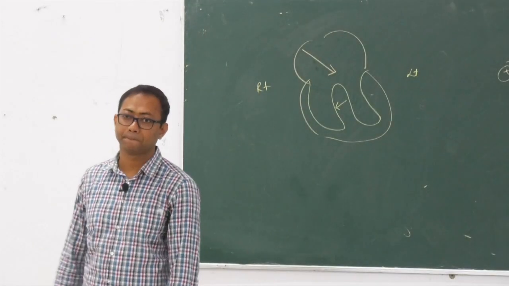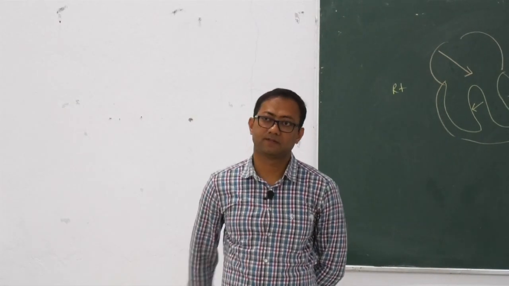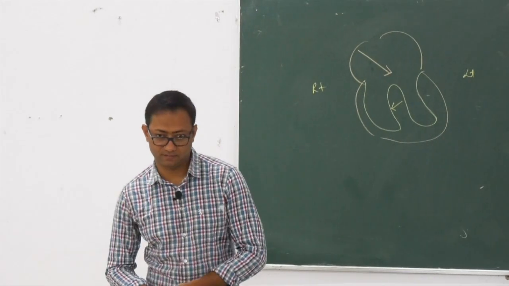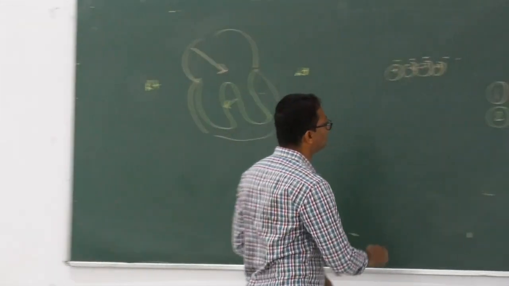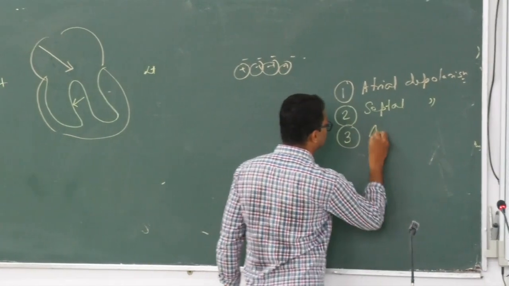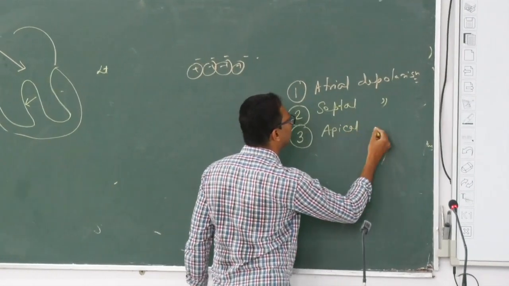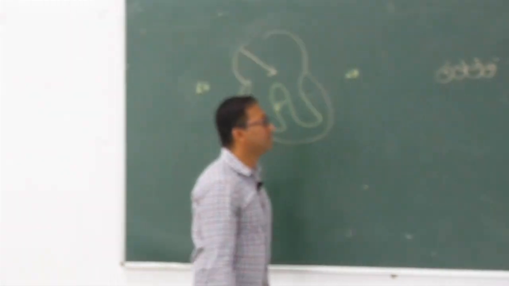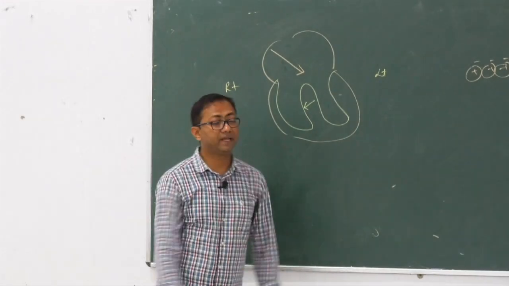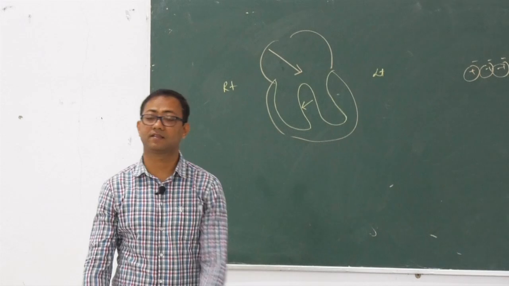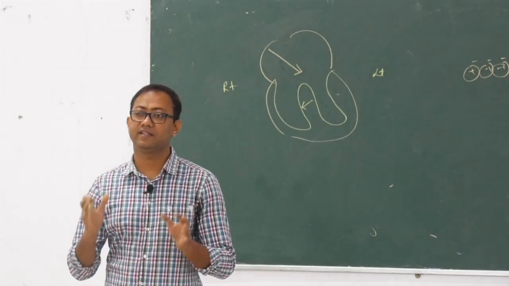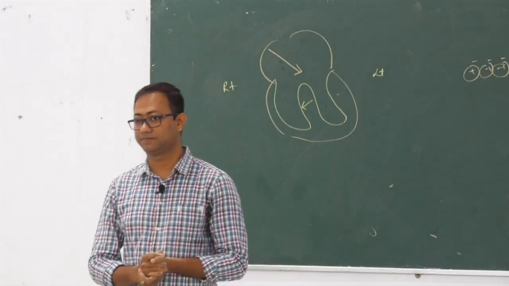Now the third vector is called the apical vector. Atrial vector, septal vector, now apical vector or apical depolarization. It is to depolarize the apex of the heart.